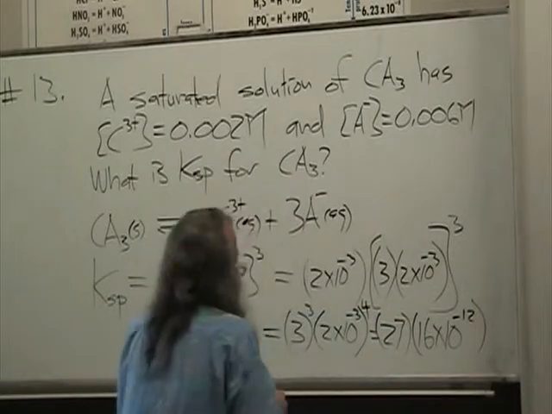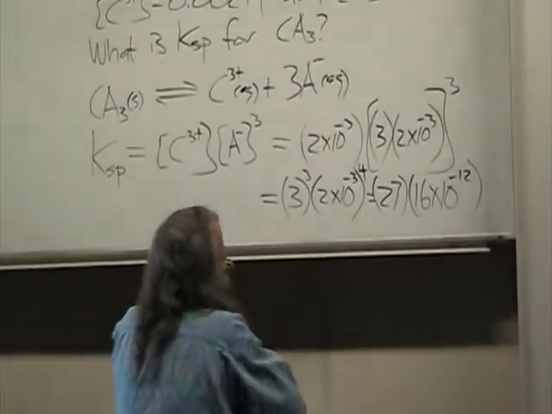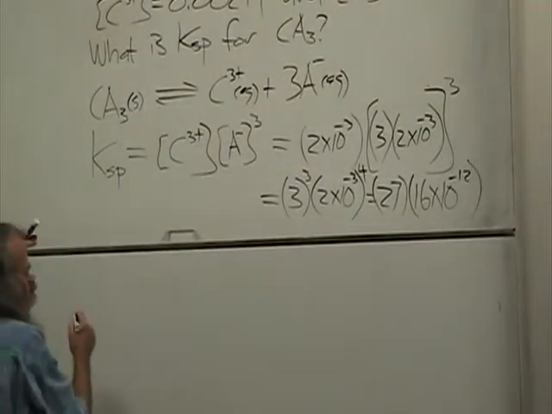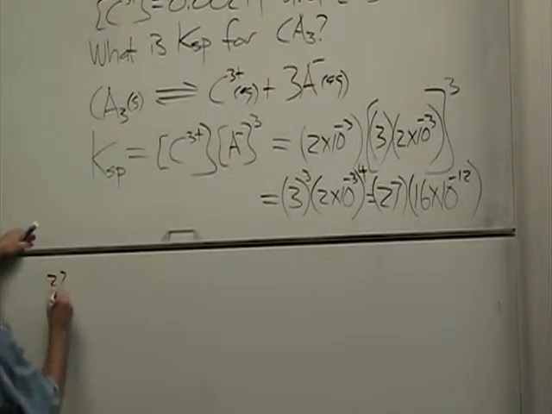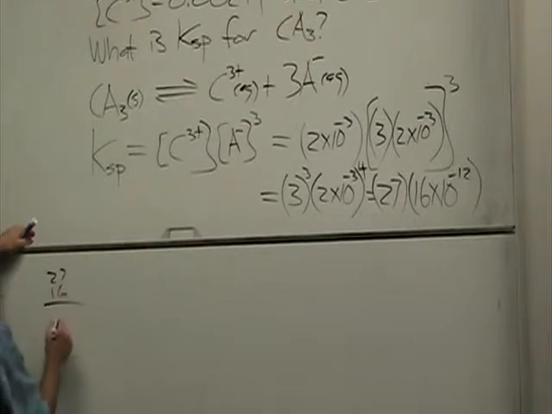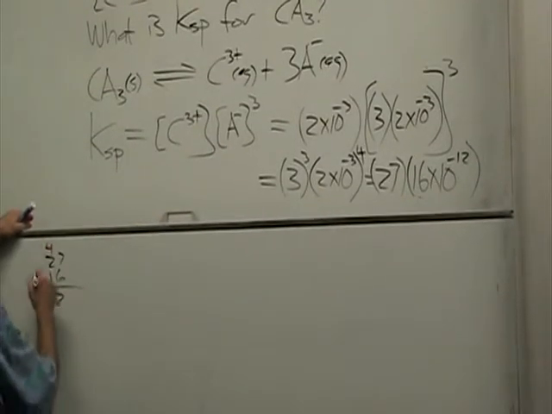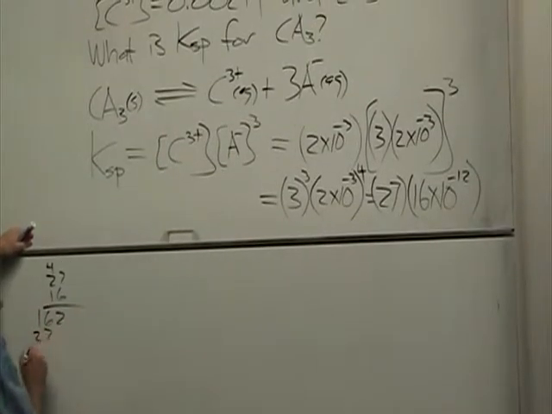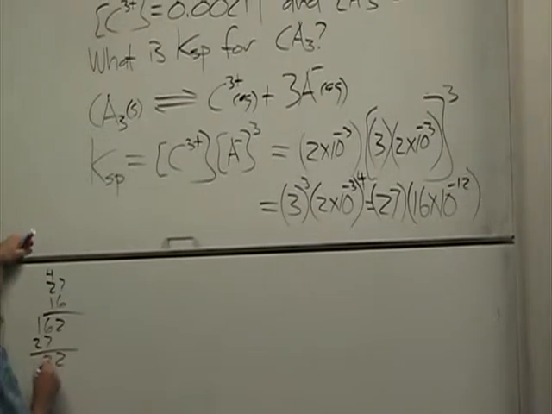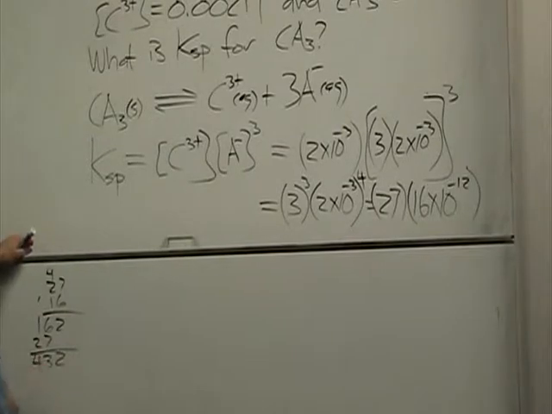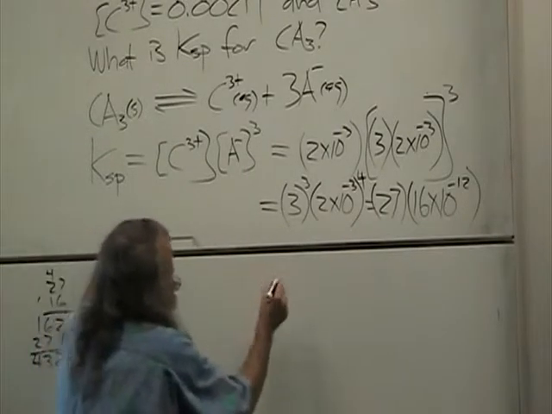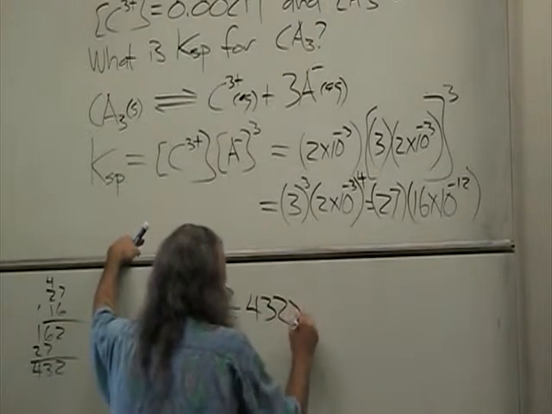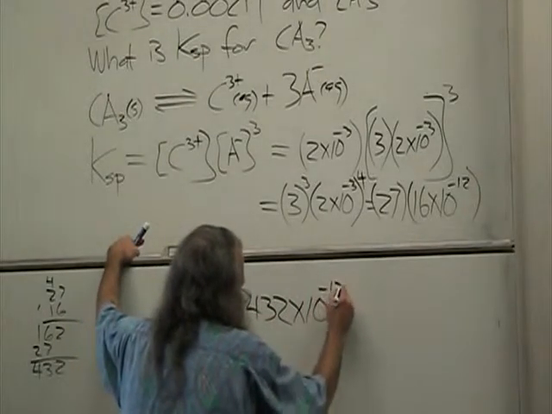Okay, and now I'm going to move that up just a little bit. We can go on and solve that a little further. I'll get my scratch paper out. And 27 times 16: 7 times 6 is 42. 2 times 6 is 12, and 4 is 16. And 27 is 2, 6 and 7 is 13. 4, 32. So this is equal to 432 times 10 to the minus 12.